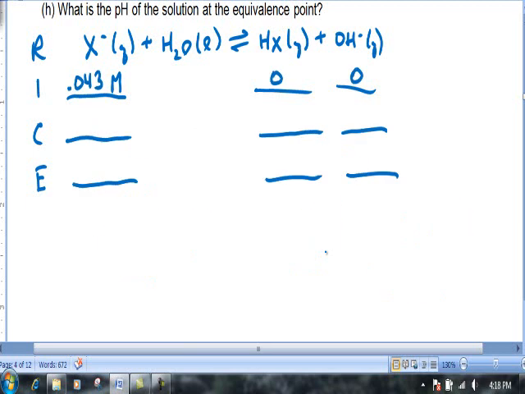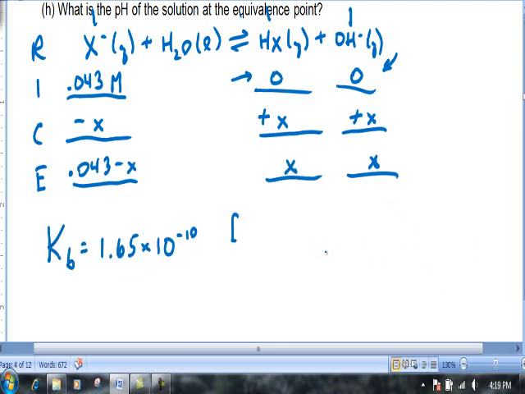Initially, we're going to say there's 0 hydroxide and HX before the salt reaches equilibrium. We don't know what our pH is, so this is going to go up by X. And this goes down by X because our reaction is a 1-to-1-to-1 reaction. We have our Kb value from the previous problem, 1.65 times 10 to the negative 10. Because this is so small, our value of X here is going to be very tiny, which allows us to drop the X off.